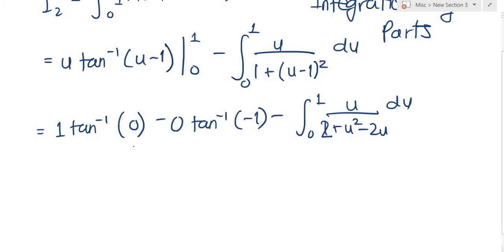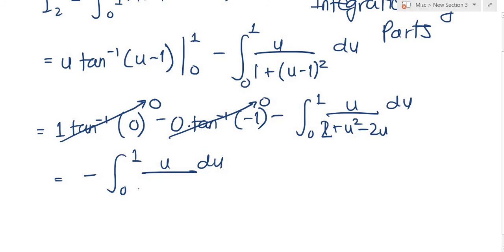Fair enough. Well, the inverse tangent of 0 is 0, so this thing goes to 0. Because of this 0, this thing goes to 0. So we are only left with the negative of this integral, u du over u squared minus 2u plus 2.